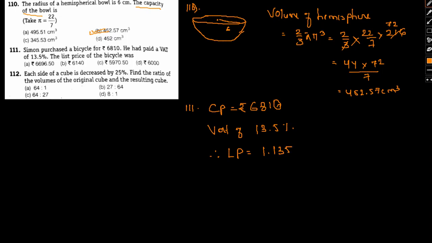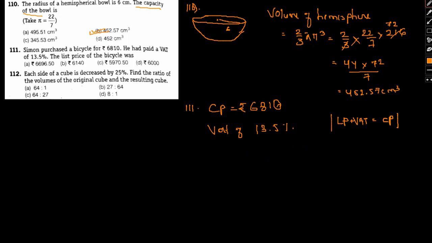1.135 into, okay, my bad. Hang on, I might have misinterpreted the question. Here it's given that the VAT is always included in the cost price only. So basically the list price of the same also includes the cost price. What we mean is list price plus VAT will be equal to cost price.